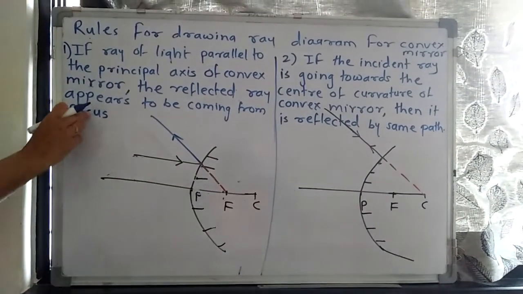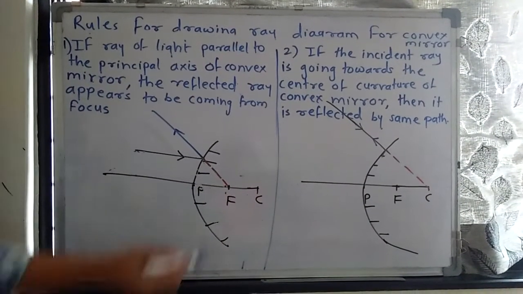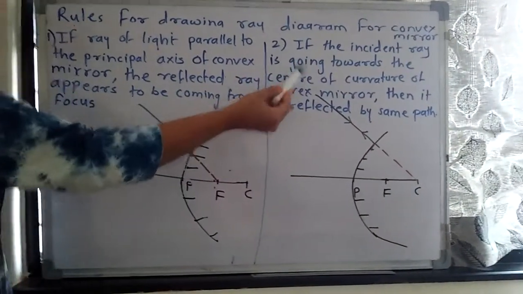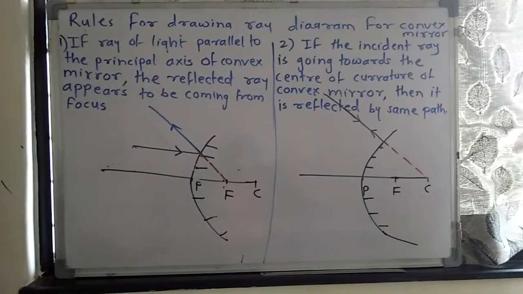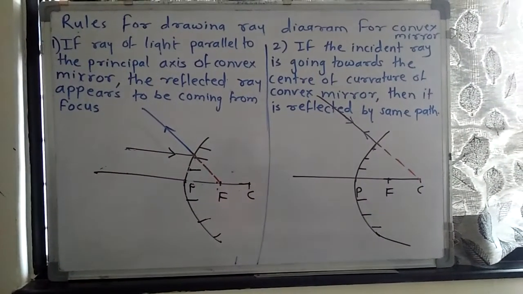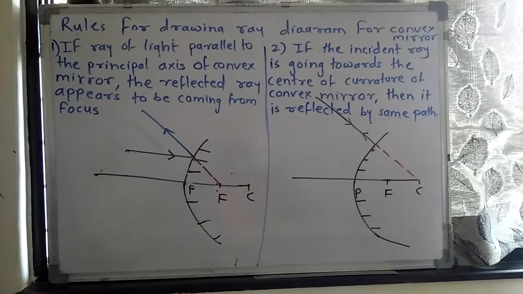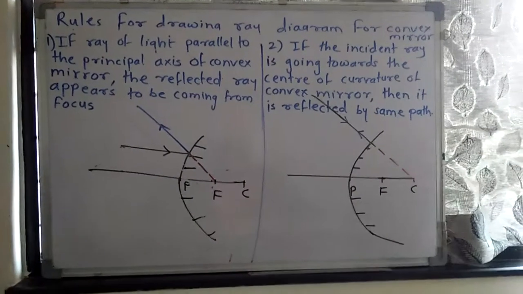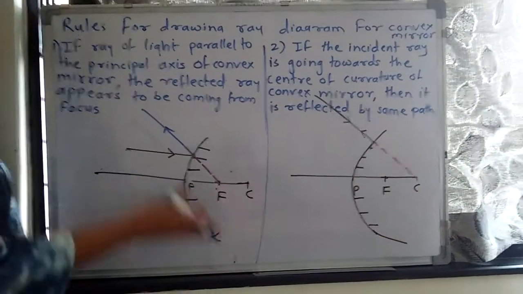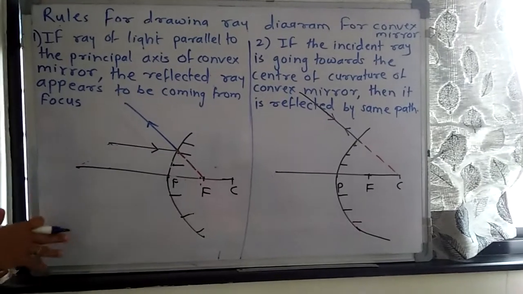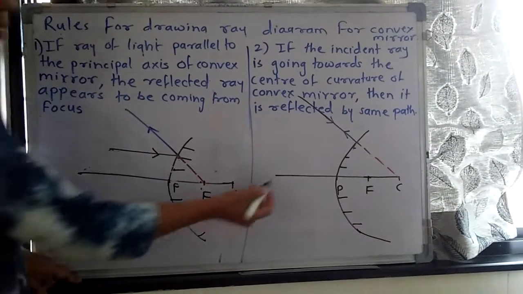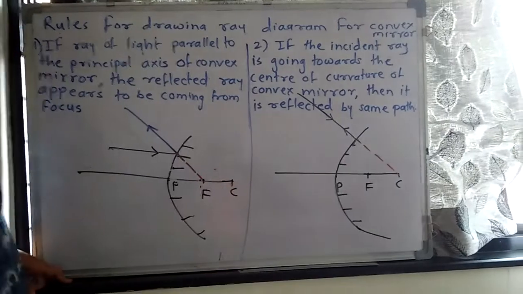Okay. Now second rule. What is the second rule? If the incident ray is going towards the center of curvature of the convex mirror, then the reflected ray is reflected by the same path. Now again same arrangement. Here we don't have to take any measurements. We have just drawn here the principal axis.